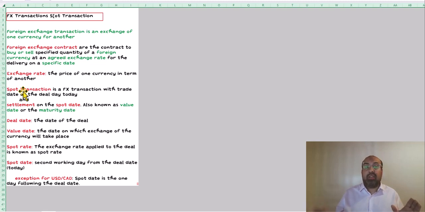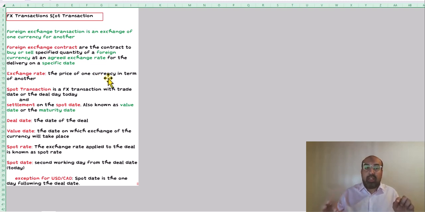Exchange rate is the price of one currency in terms of another currency. A spot transaction is an FX transaction with trade date or deal date today and the settlement on the spot day, also known as value date or the maturity date.